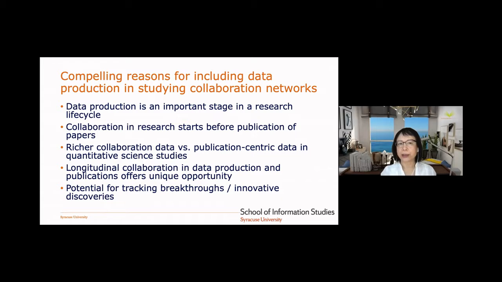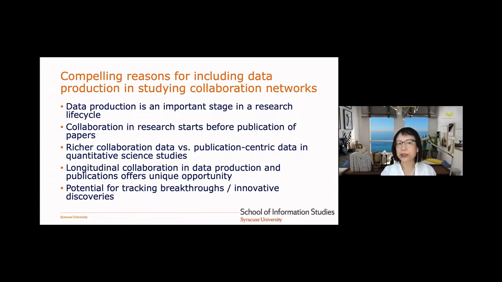Data production is an important stage in a research life cycle. So if we just study the end product, publication, from a research life cycle, we are missing a lot of information along the research life cycle for a research project.